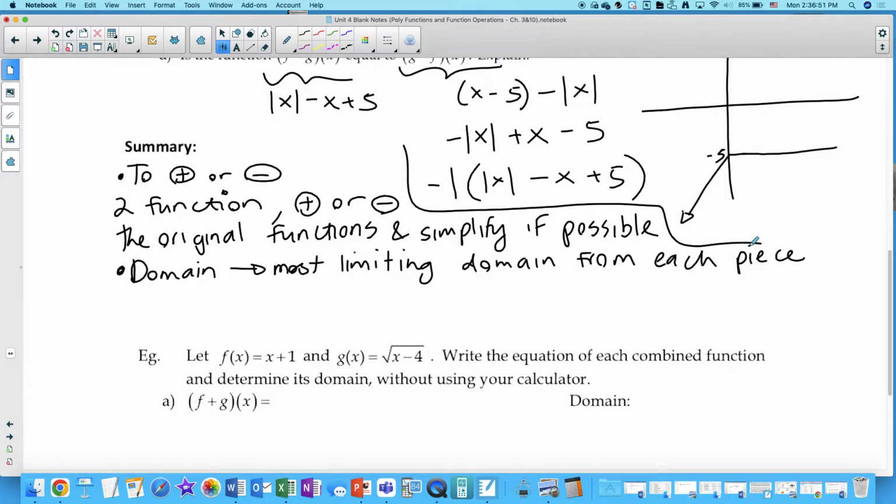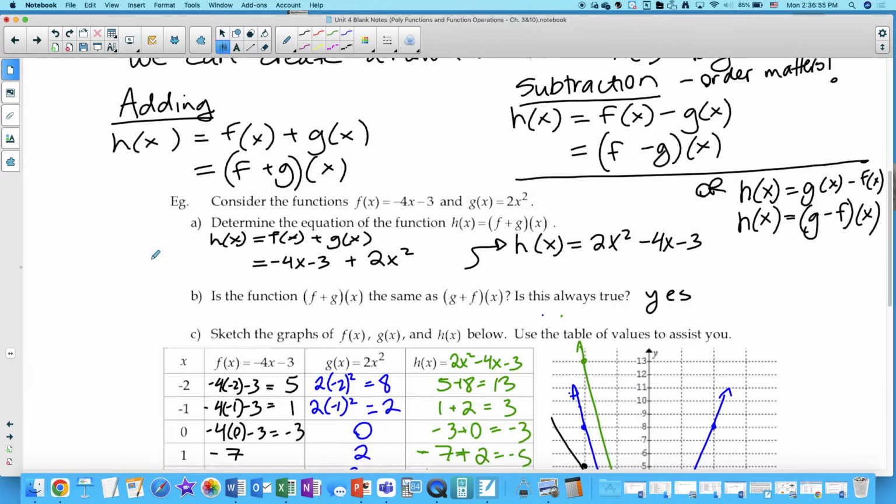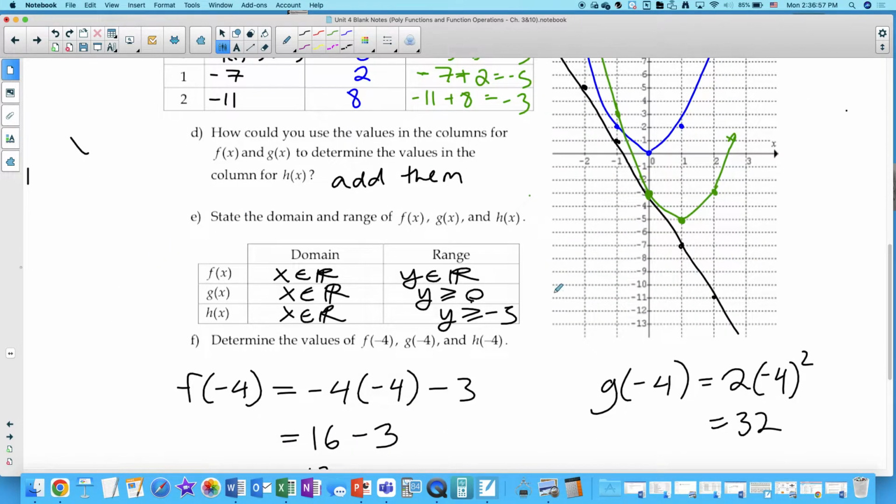We saw with this one over here that the two original ranges were y is an element of the reals and y is greater than or equal to 0. And then we got this new range of y is greater than or equal to -5. Okay? So that's not super predictable based on the two original ranges. So you really have to either look at it graphically, or depending on the type of function, you could work it out algebraically as well.